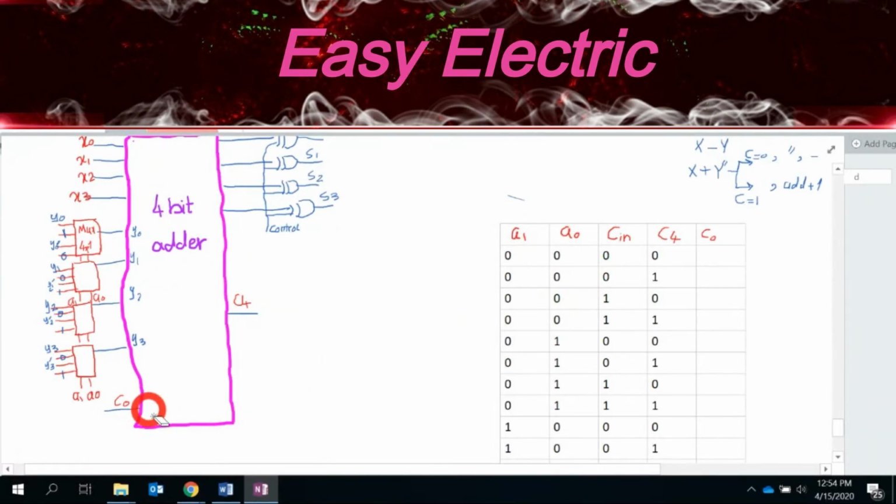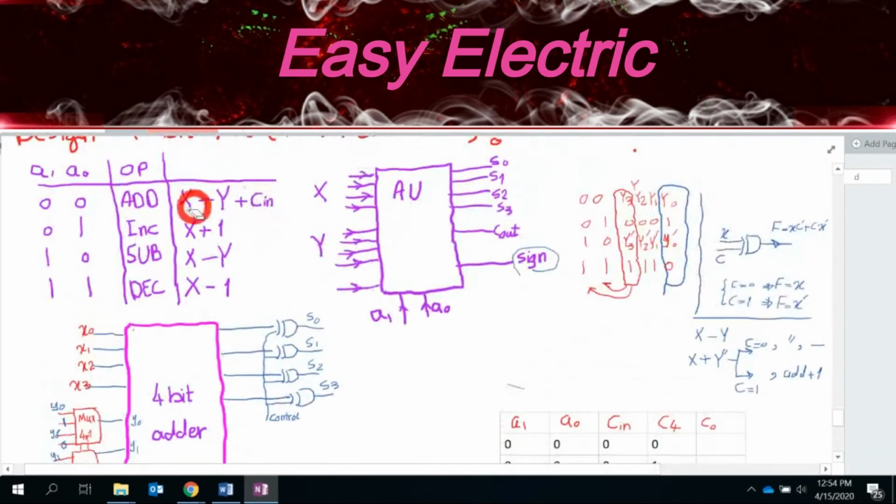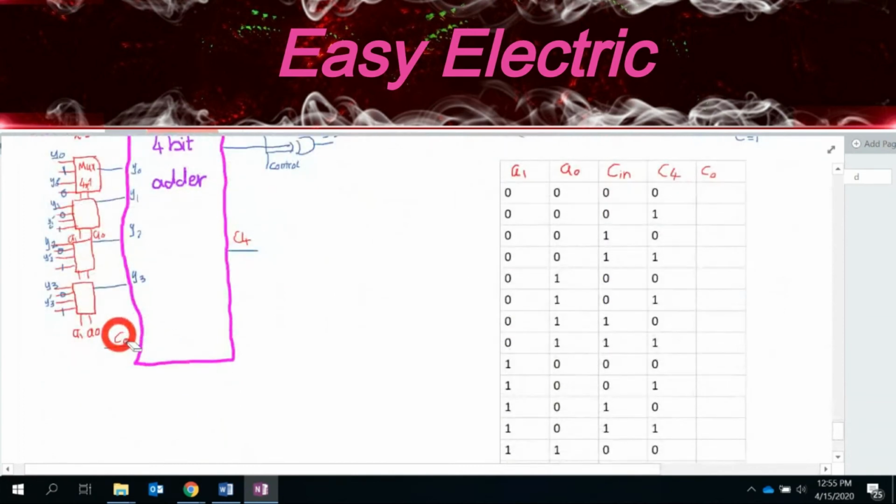If that's an adder, it should be C in. If that's a subtractor, you have nothing here, right? So definitely it's related to A0, A1. So it's also related to C in. What is the C in? C in is whenever x plus y, you have the input carry, which you add with these x and y. So whatever you have here definitely should be related to this C in, right?